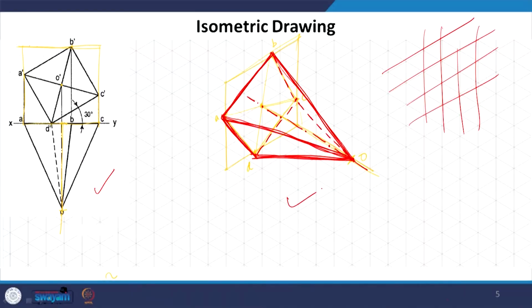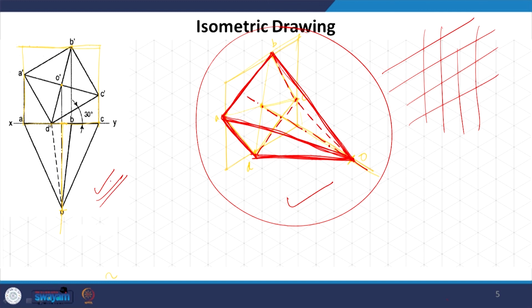So, for isometric projection, we still have to depend upon orthographic projection, but it makes it much more visible. If you look at this drawing and this drawing, isn't this drawing much easier to comprehend, that this is how the pyramid is kept? But in this one, it might be slightly difficult for some people to understand how this pyramid is kept just with the help of this orthographic projection.